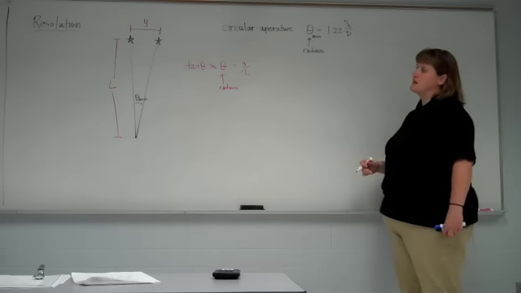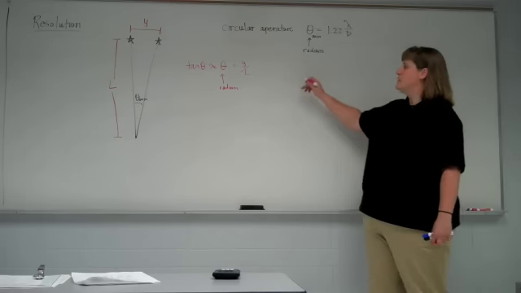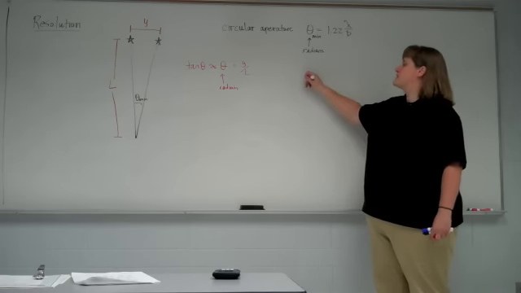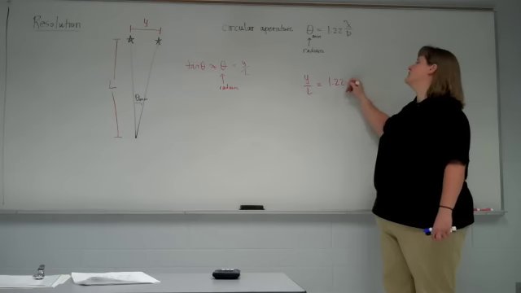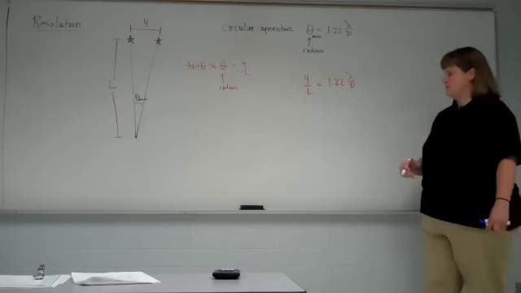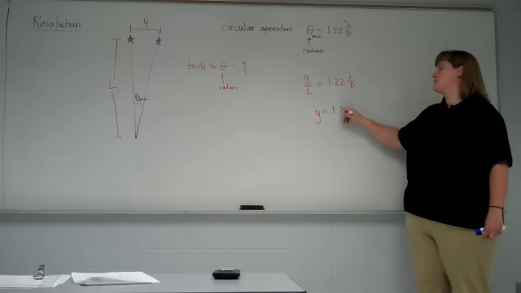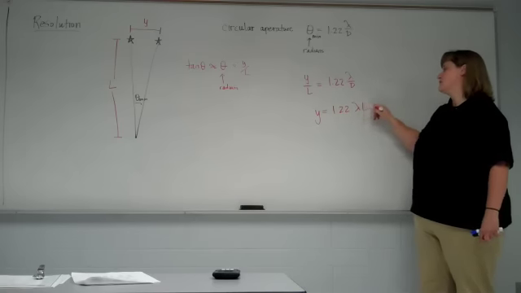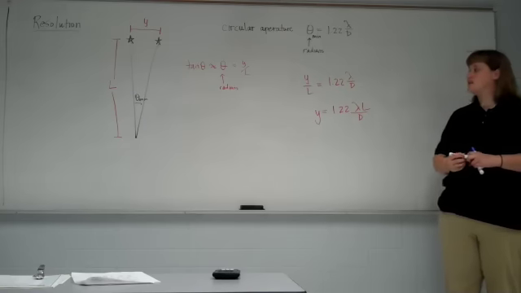So theta, in terms of the geometry of the problem, will equal y over L. Since both of these are equations for theta, we can set them equal to each other. So for example, y, the distance they would need to be apart, would be 1.22 lambda L over D.